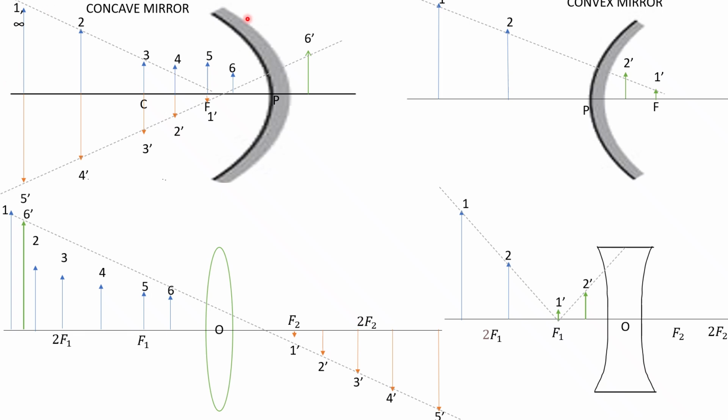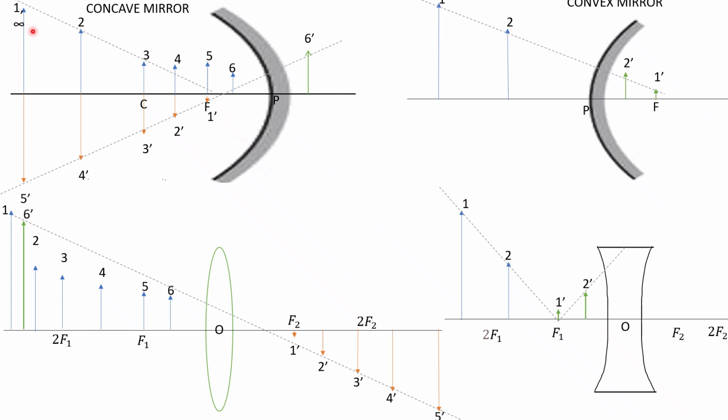Now we will see the concave mirror. So the first position is at infinity. So the object is placed at infinity. When the object is at infinity, the image is formed at F. So that is your 1 prime. So have this concept very clear.